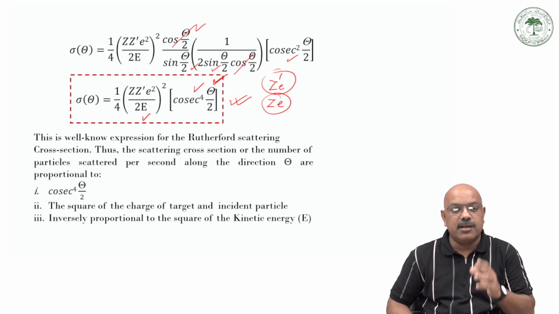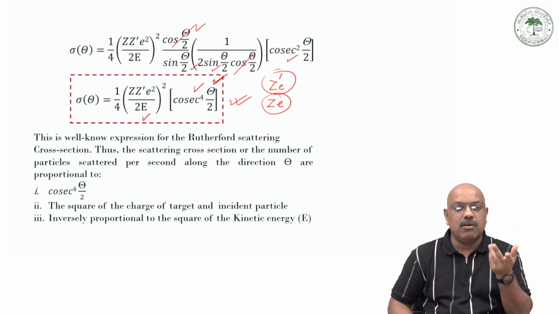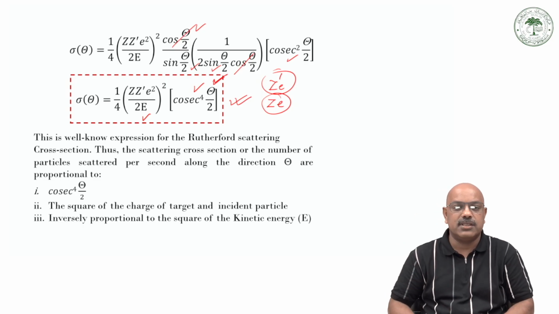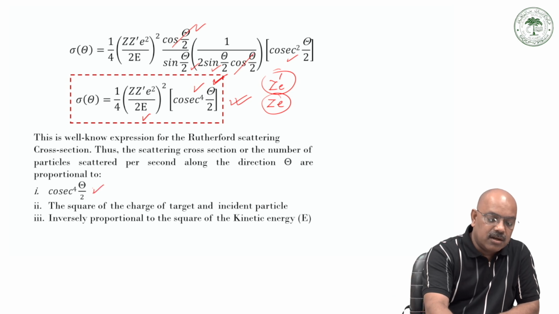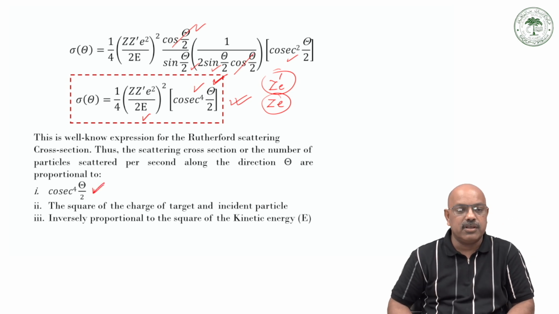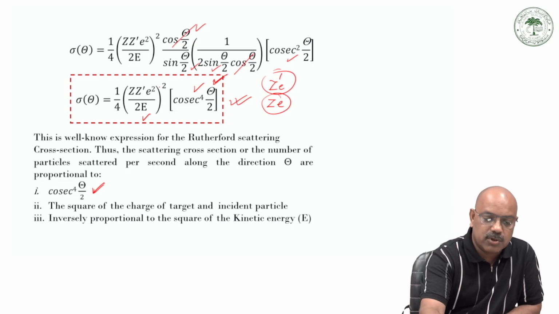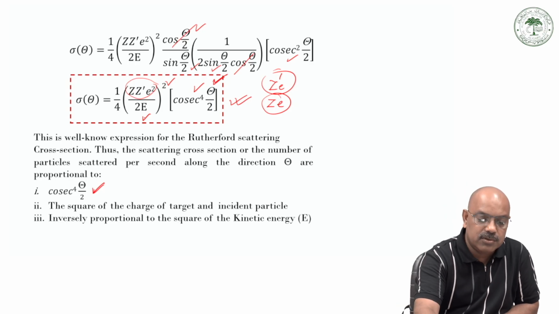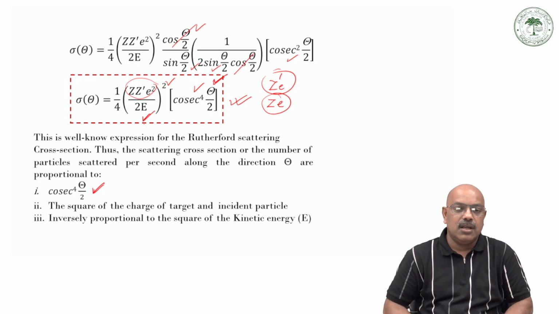The number of particles scattered per second along the direction theta is proportional to the fourth power of cosec theta by 2, and to the square of the charges of target and incident particle, and inversely proportional to the square of the kinetic energy.